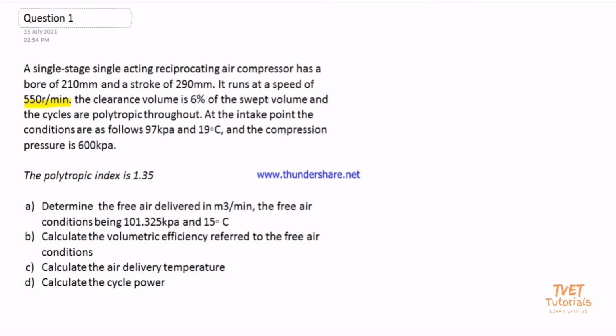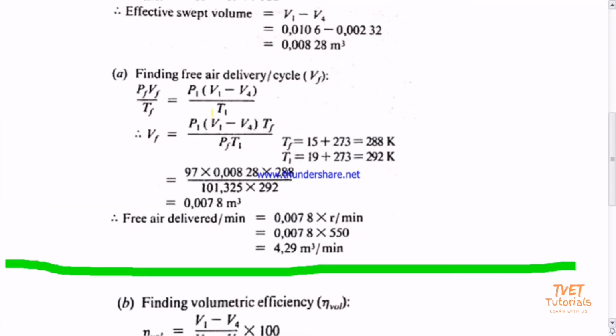So we're going to say the volume that we got, you multiply it by the revolutions per minute, and then you're going to get yourself the free air delivery as 4.29 meter cube per minute.